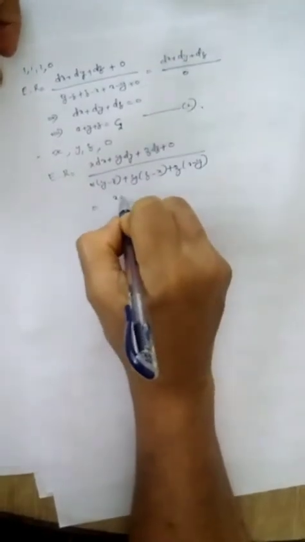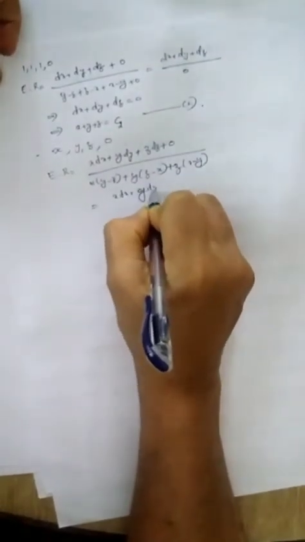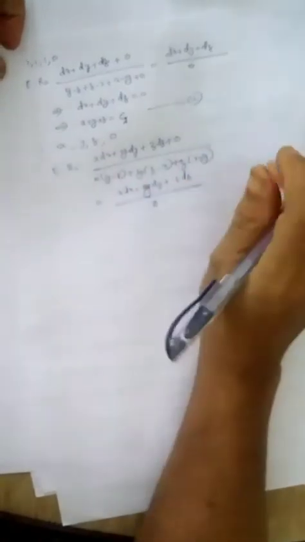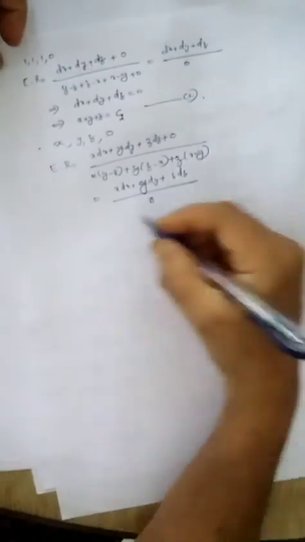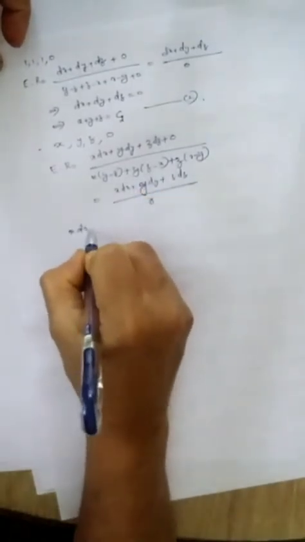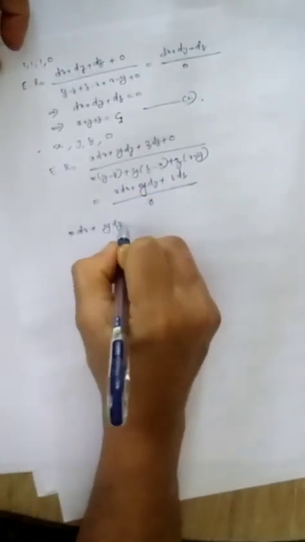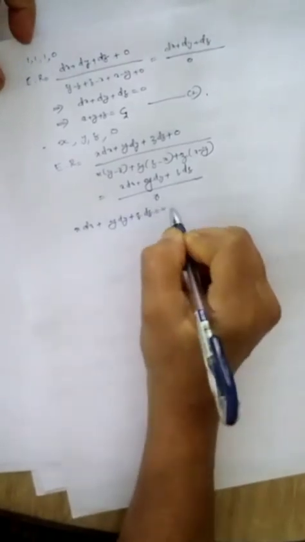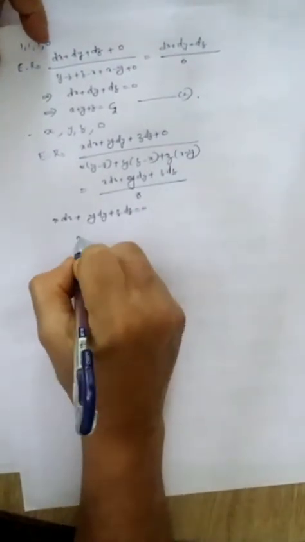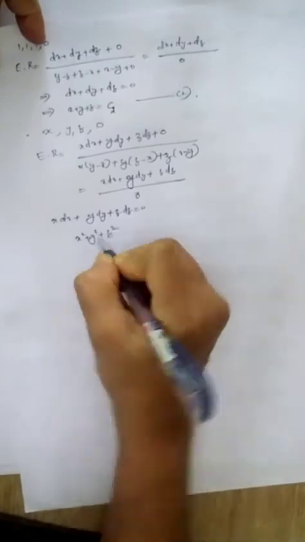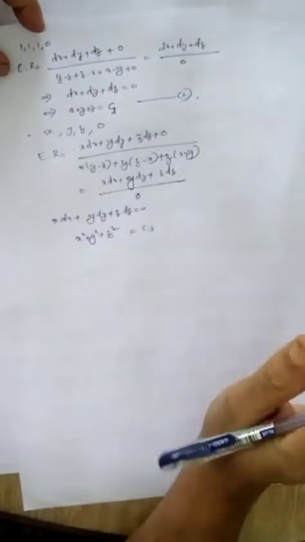Now that is (x dx + y dy + z dz) divided by 0. As before, if we open the brackets, all the terms will cancel each other and we get the value 0. So we can deduce that x dx + y dy + z dz = 0. Multiplying by 2 and integrating, finally we get x² + y² + z² = c. Hence we get the solution.